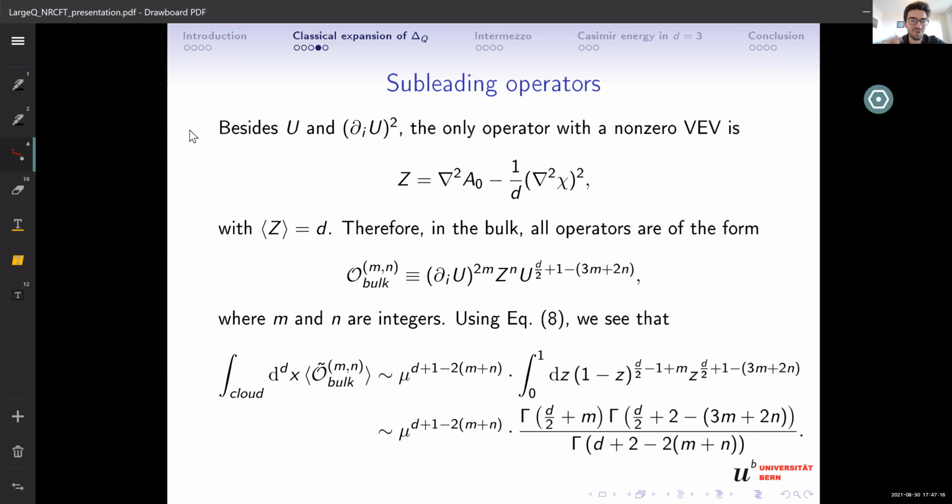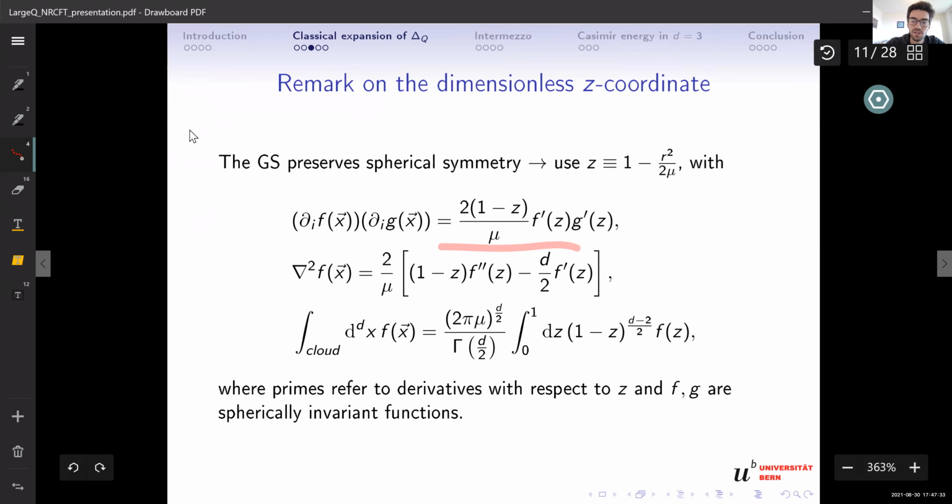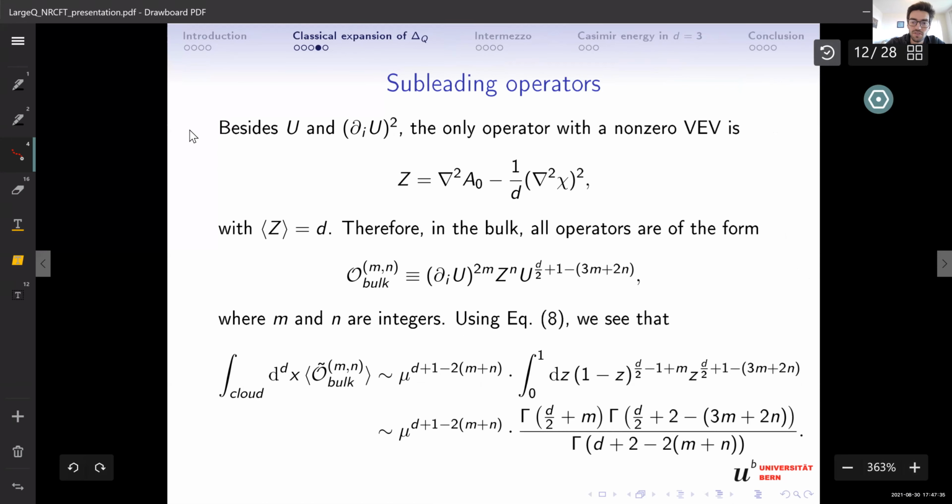And okay, so this is the most general sort of operator I can have in the bulk of the cloud. I'm not trying to approach too much the boundary of the cloud because things get divergent. So for now, I just address operators in the bulk. And so you plug everything you know about them, right? So I know how to evaluate the derivative with my law here, and I know how everything behaves, right?